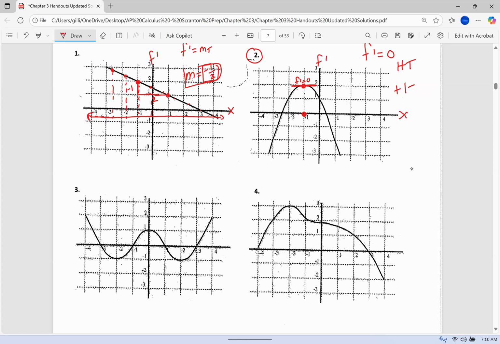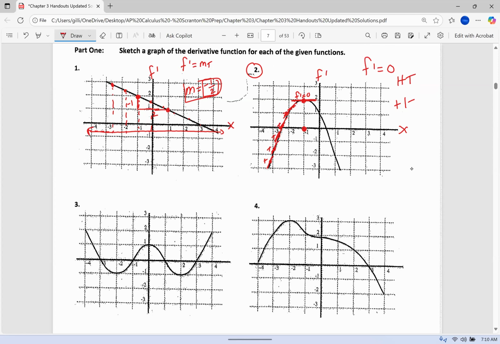So the first thing I'll do is picture a bunch of tangent lines along this graph. And I can clearly see that the slopes are all positive, but they're getting less positive. So when x is this number here, it's a pretty strong positive, but they're getting less positive until the values become 0, which is right here.